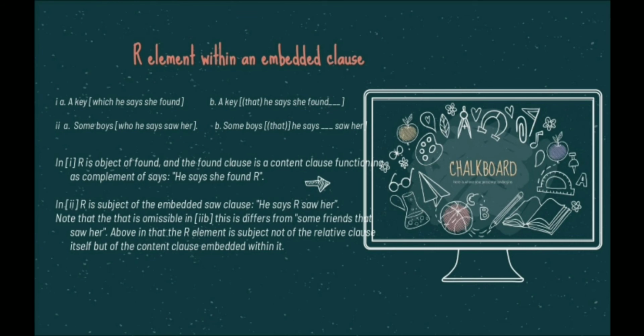In these examples, the relative is object of found, and the found clause is a content clause functioning as complement of says. So we understand that he says she found some key, and that's the key the whole noun phrase refers to.